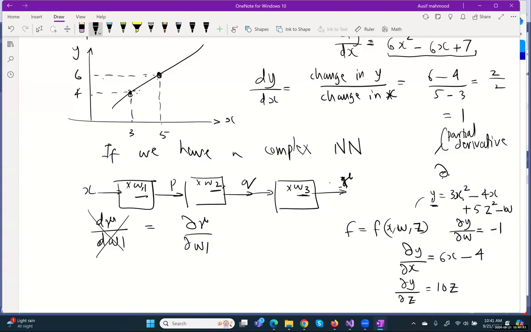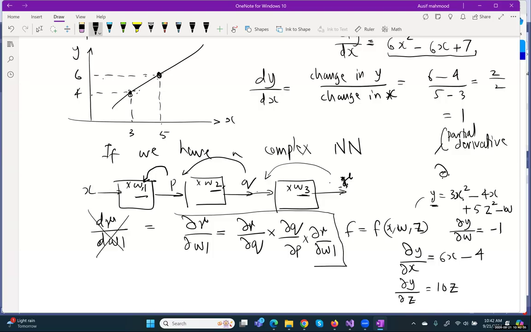We'll break it into partial R over partial Q. Q is feeding into this network and producing R, so let's compute partial R over partial Q first. Then let's go to the previous one, partial Q over partial P. And then, because our goal is to find the change of R with respect to W1, we will say, okay, let's do partial P over partial W1.